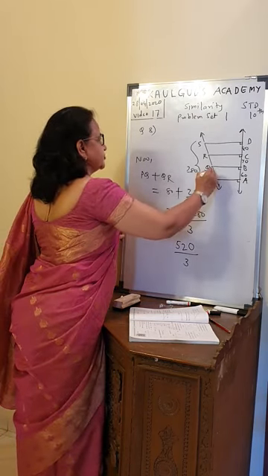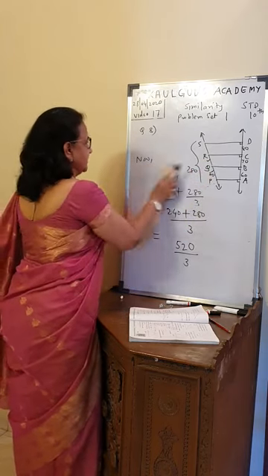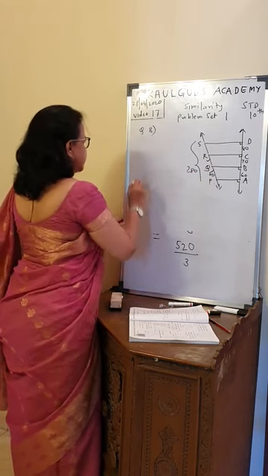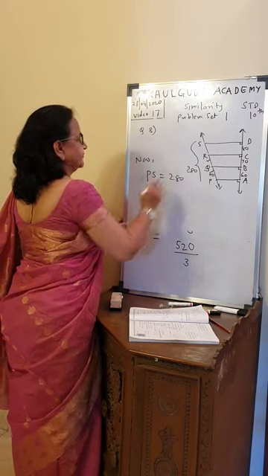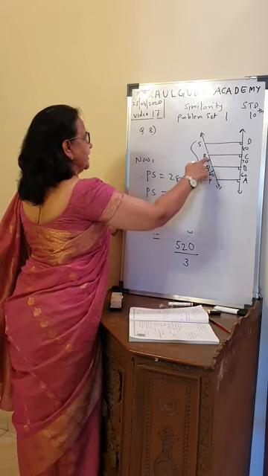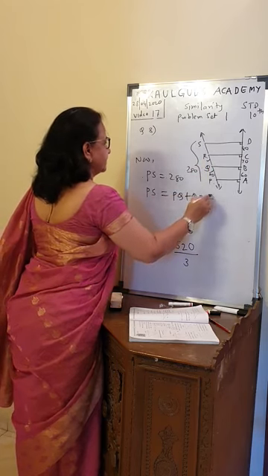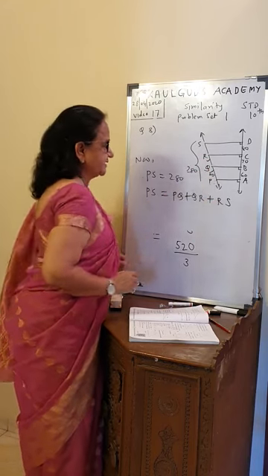So the addition of these two parts we found out. Now the whole part is 280. So PS is equal to 280, that is given. And how is PS obtained? PQ plus QR plus RS. All three parts added together give the complete part, PS.